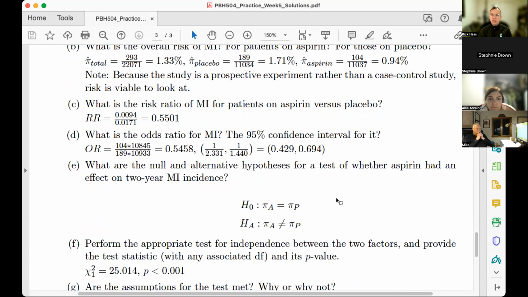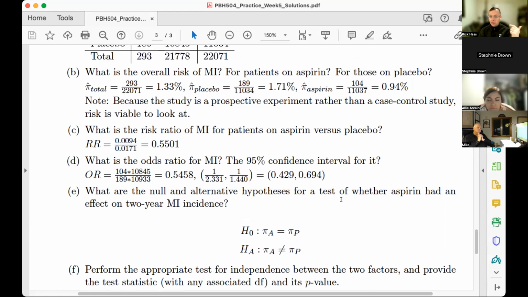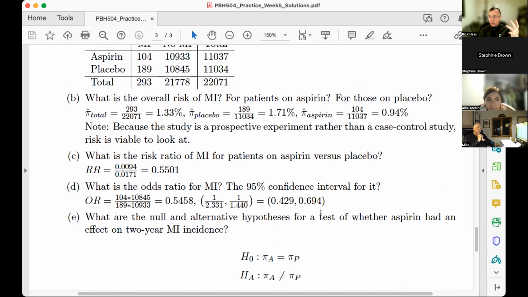In this case, it's really still a test of independence, but we're actually testing whether the proportions are equal. We're testing for equal risk. Are these two proportions the same versus different? So there is a test for difference of proportions. It's a little bit different, but we're going to use the chi-square test for it.